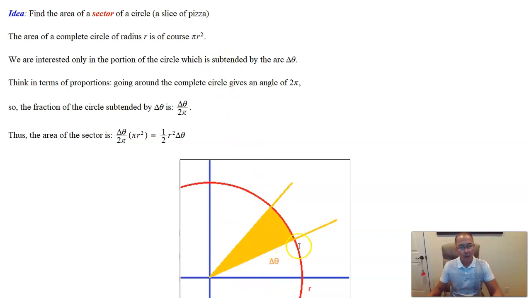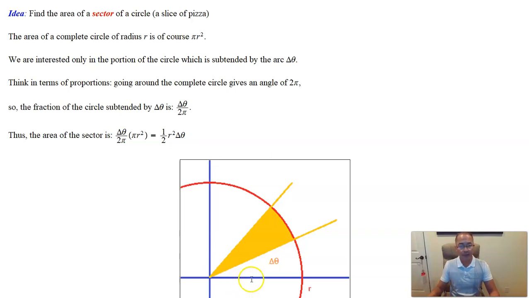Okay, so what if we cut out a slice of this circle, and it's called a sector, and the angle made by this sector, let's call it delta theta, in the same way that we call a very narrow width along the x-axis delta x.